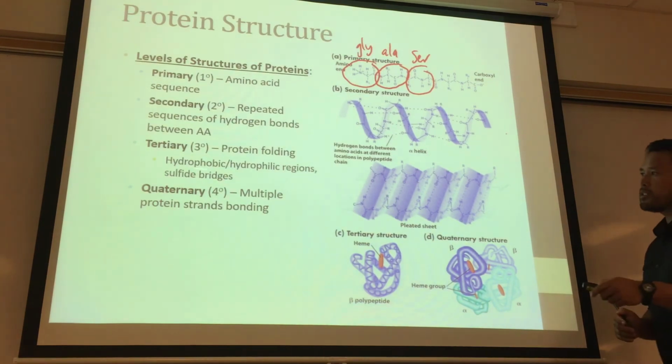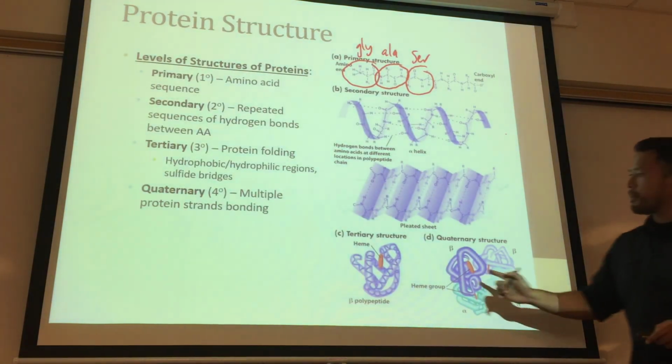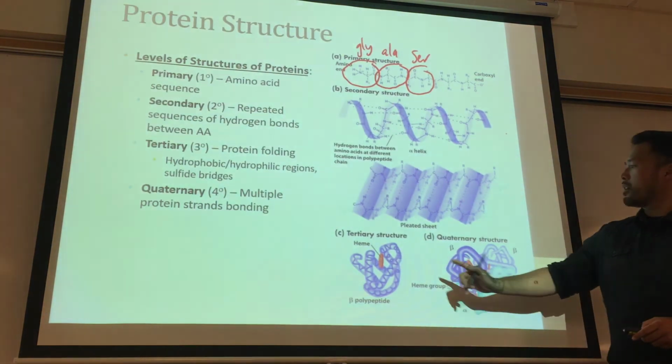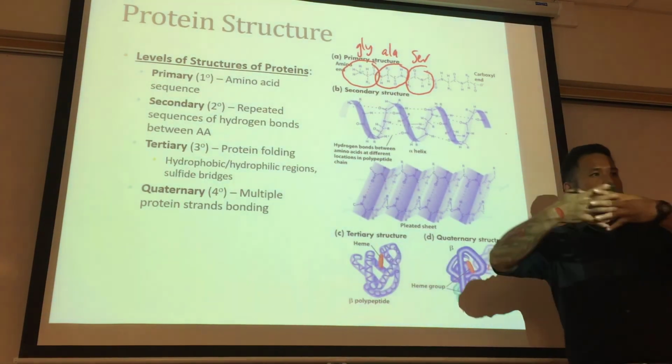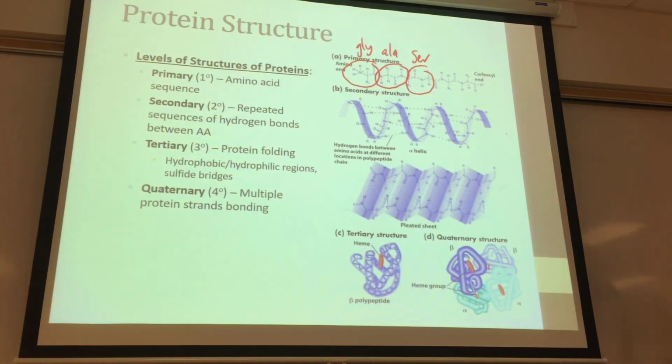There are also going to be these sulfide bridges. If I go back to any of these that have sulfide bridges, oh, look, methionine has one. Cysteine has them. If any two of these come close enough together, they'll bridge together and hold very strongly. So that's the tertiary structure.